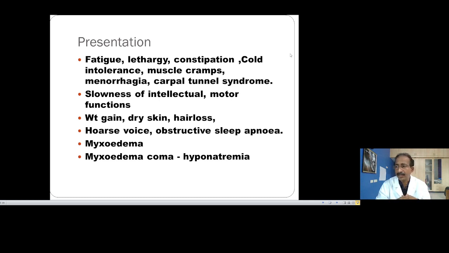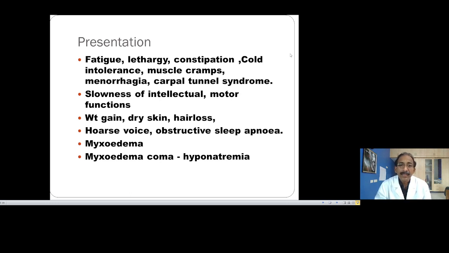And menorrhagia, any abnormal uterine bleeding. And if they gain more weight, they'll have carpal tunnel, with tingling and numbness in the hands. There may not be obvious sensory loss over the palm or any wasting or weakness. It can be tingling and numbness below the wrist.